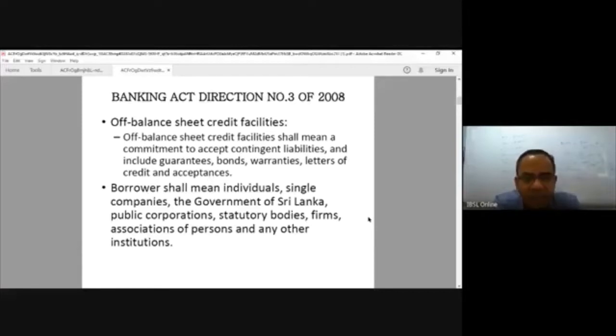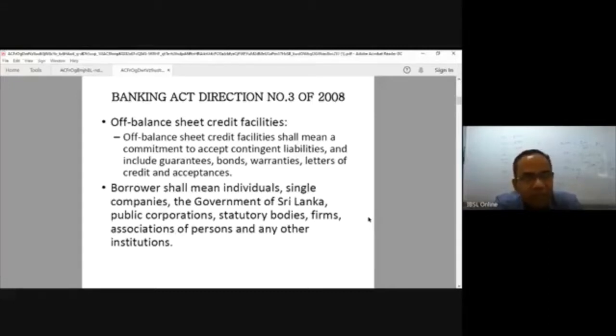Like that, in a loan agreement, or any of the agreements with the customers, we may have issued warranties, right? A warranty is: if the bank has not complied with the condition, the bank becomes liable for that.